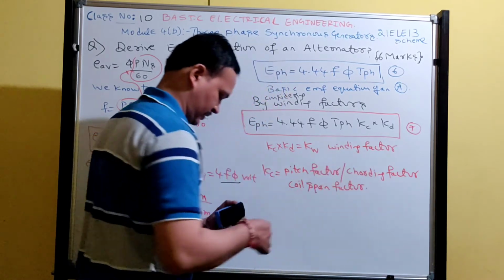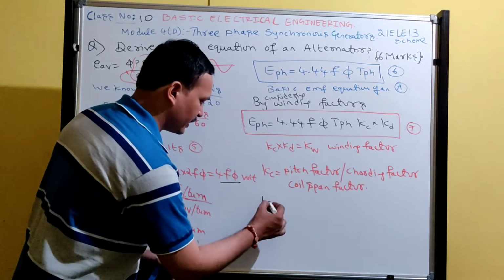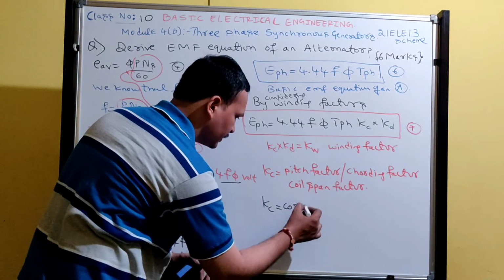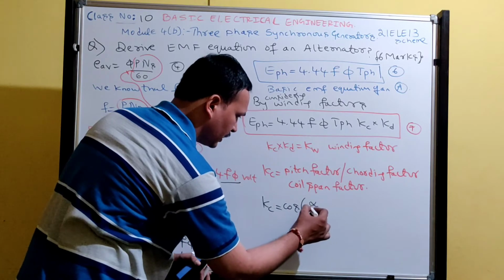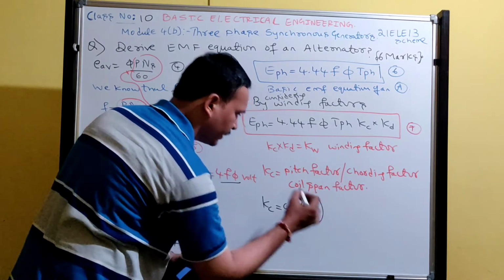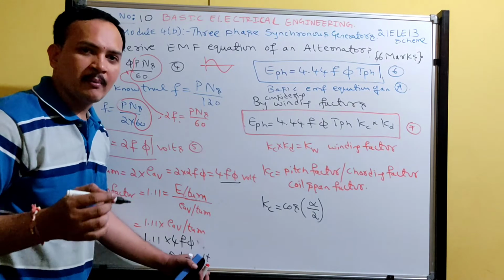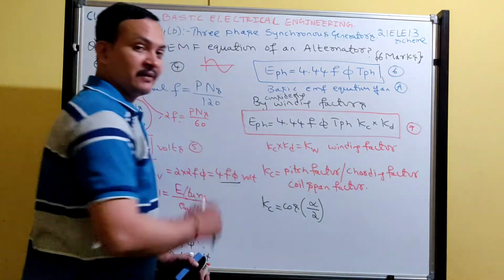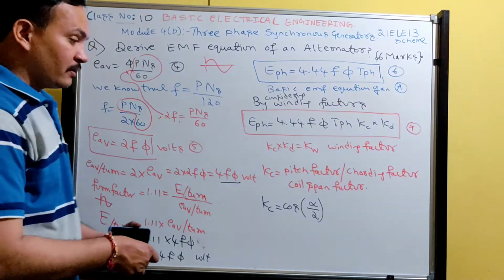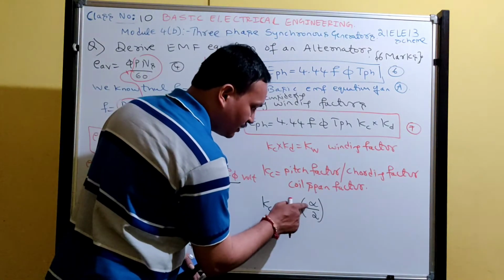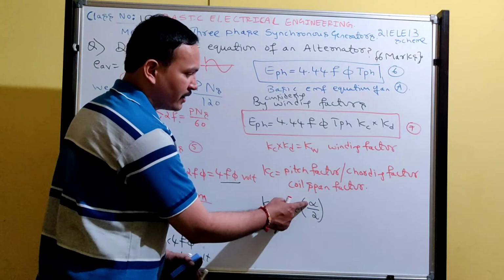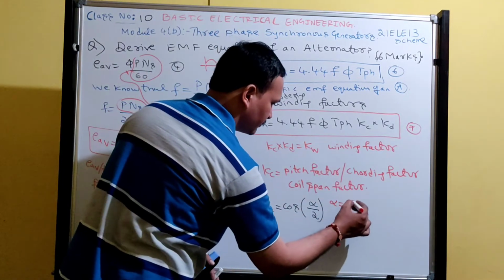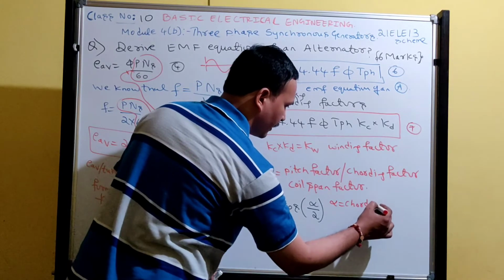Kc can be calculated by this simple formula, cos alpha by 2. Using this formula you can calculate the pitch factor value. What is alpha? Alpha is nothing but the chording angle.